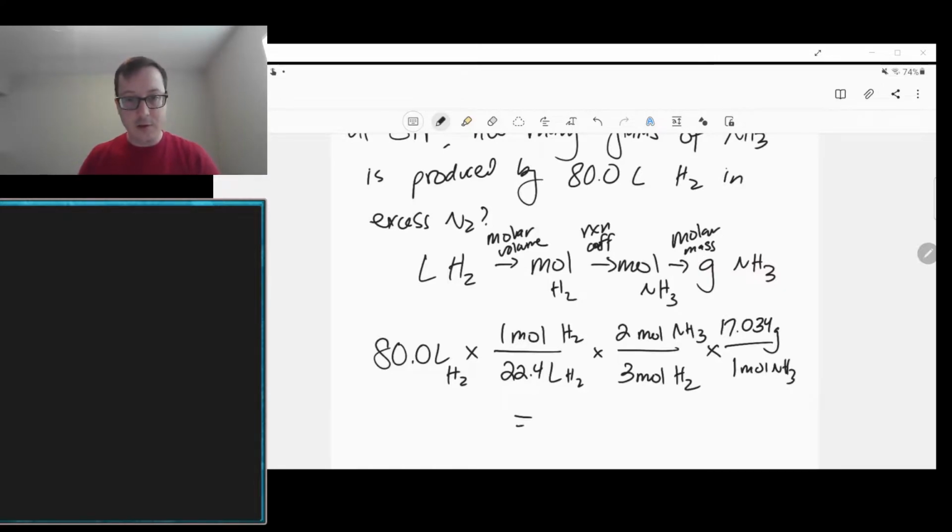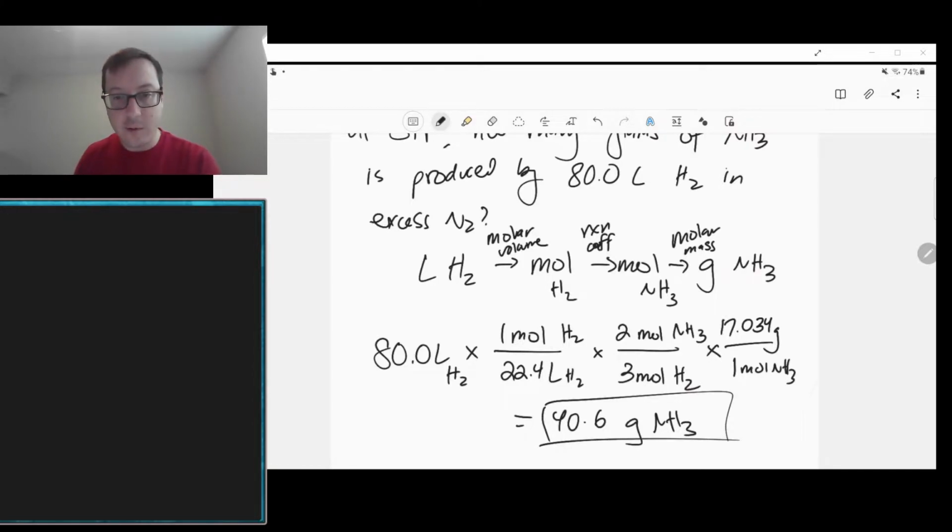Do this calculation on your phone, of course. 80 divided by 22.4 times 2/3 times 17.034, and we get 40.6 grams of ammonia. So we're able to figure this out. Just another unit conversion we're throwing in here.